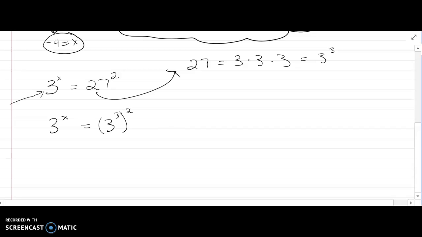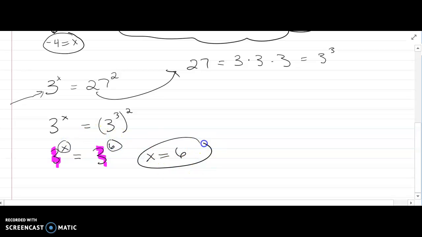Well, I multiply them together, so I get 3 to the x is equal to 3 to the 6th. So now my bases are the same, so I can set my exponents equal to each other. So we get x is equal to 6.